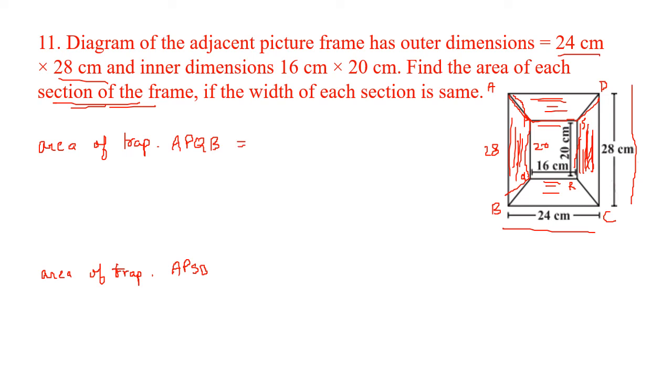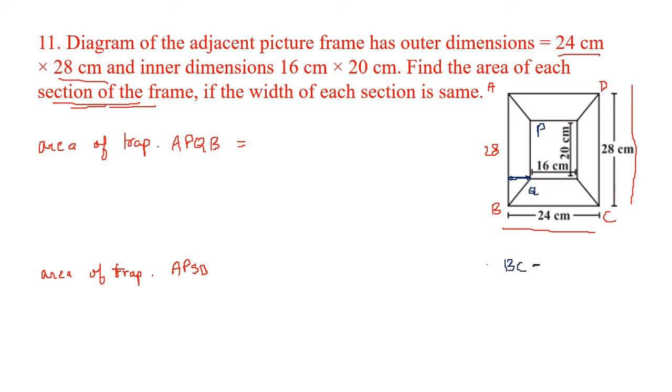Now recall the formula of trapezium. What is the formula for the trapezium? It is altitude upon 2 and sum of parallel sides. So what is the altitude here? In APQB, the altitude is this. This is the height between the two parallel lines. How do I find this? So you can see BC is 24.